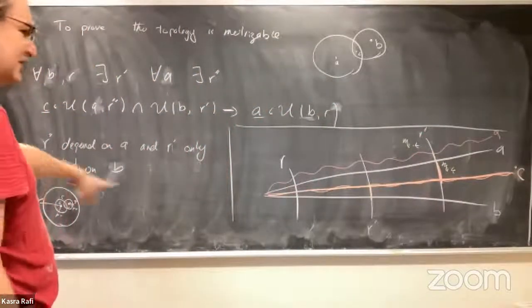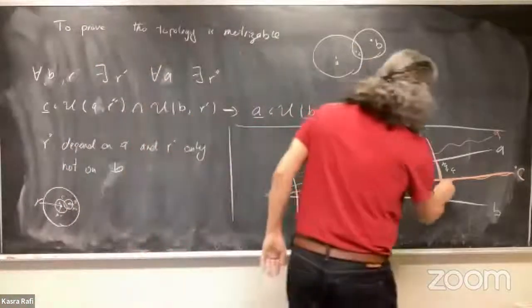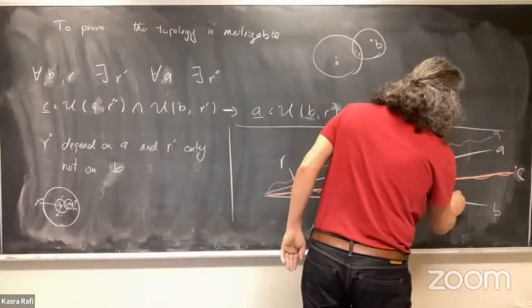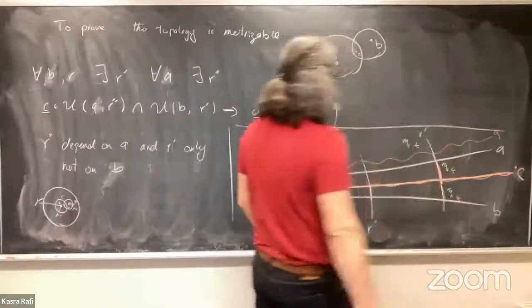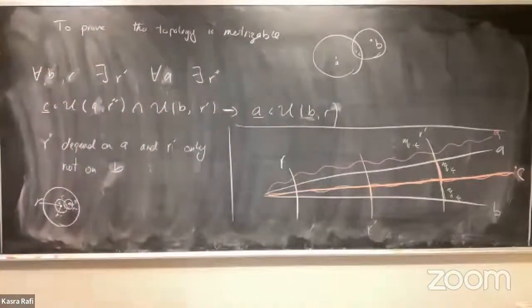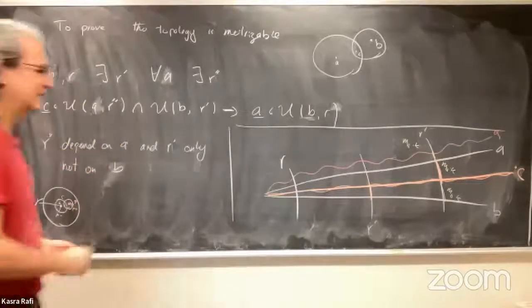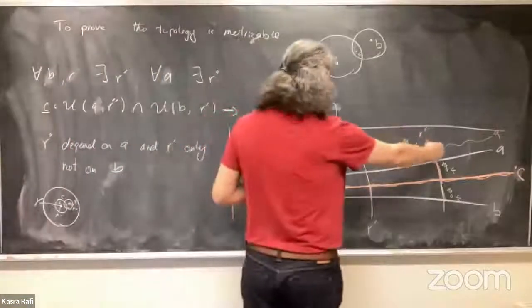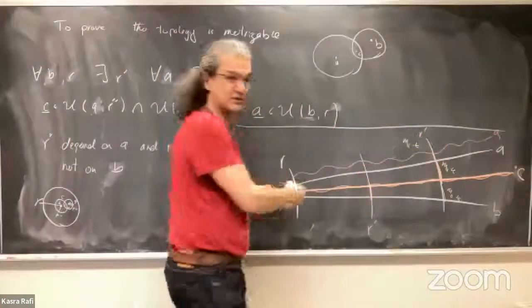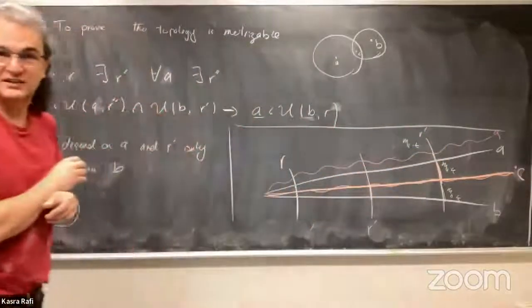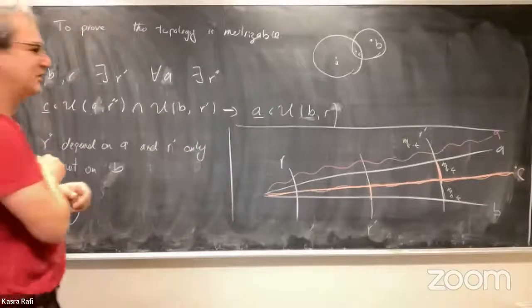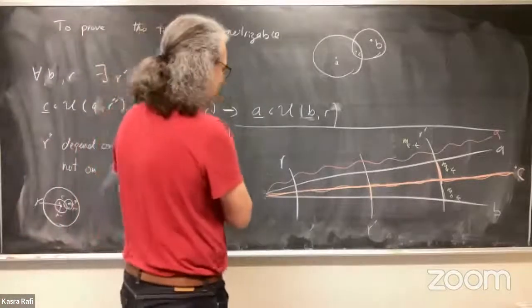Since C is close to B, this number is MB times kappa. So the only wrinkle here is that this R prime should depend on A and not B. If the R prime could depend on B, I could just come back here and make everything work out. But I can't do that at the moment, right? Because the R prime shouldn't depend on B.